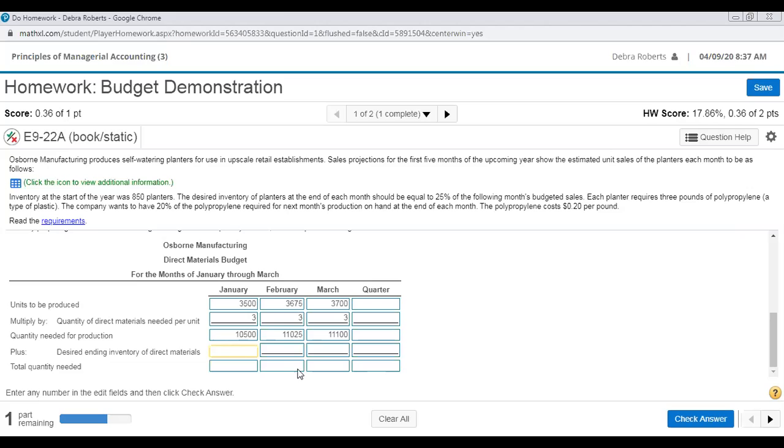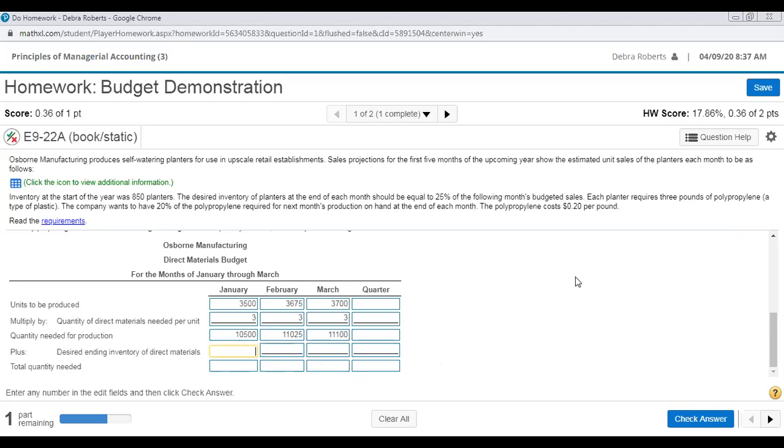And that's going to be 11,025. Now, I need you guys to chime in if you don't understand. We want to put the ending inventory in this field, but we have to look at the next month, and we're going to ignore this one. We're going to be looking at the 11,025, if that makes any sense, because that's what the instruction tells us.